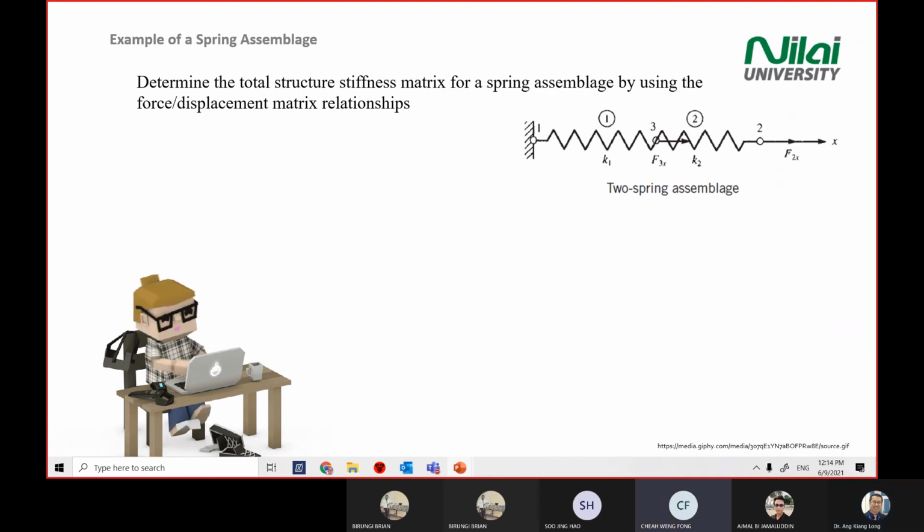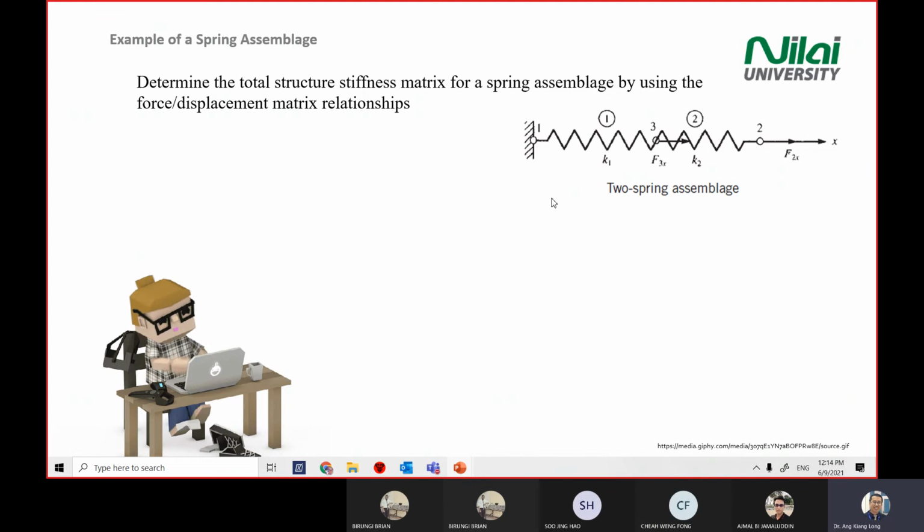Point 1 and 3. Okay, good. How many external forces do you have in the system? F2 and F3, 2 forces. Okay, good. So you are able to understand the diagram.